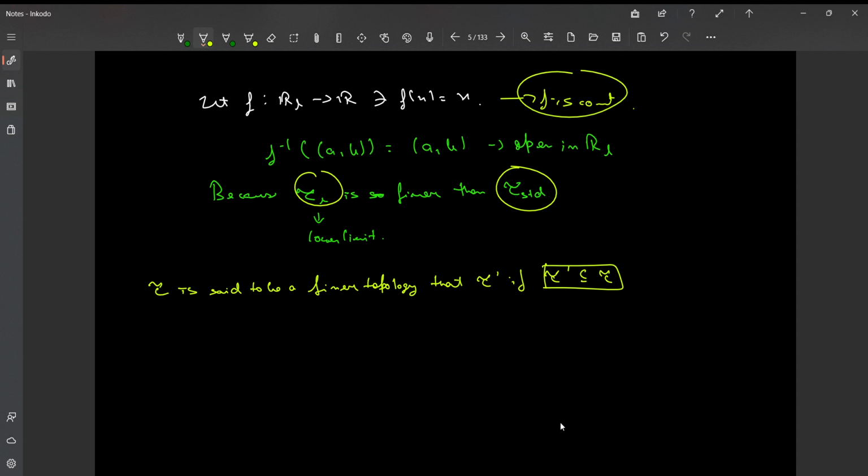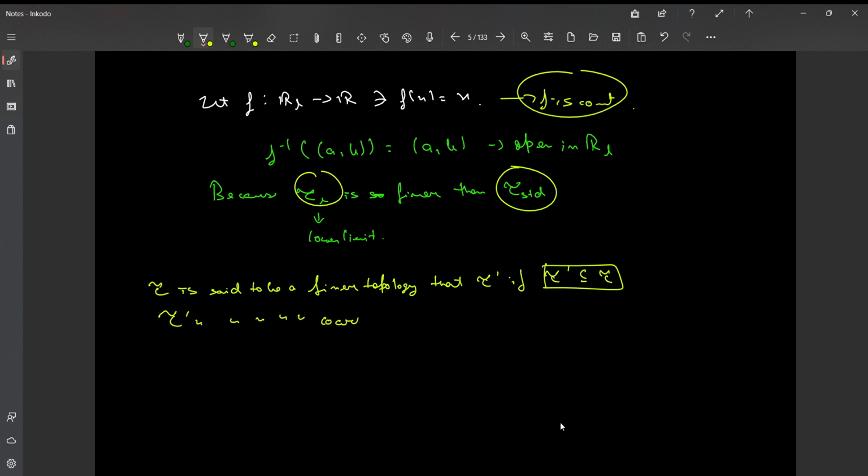So here f is continuous because the inverse image of every open set in R must be open in R_L, because open sets in R are also open in R_L, because the standard topology is coarser than the lower limit topology. Coarser is the opposite of finer. So tau is said to be a finer topology than tau dash if tau dash is contained in tau.